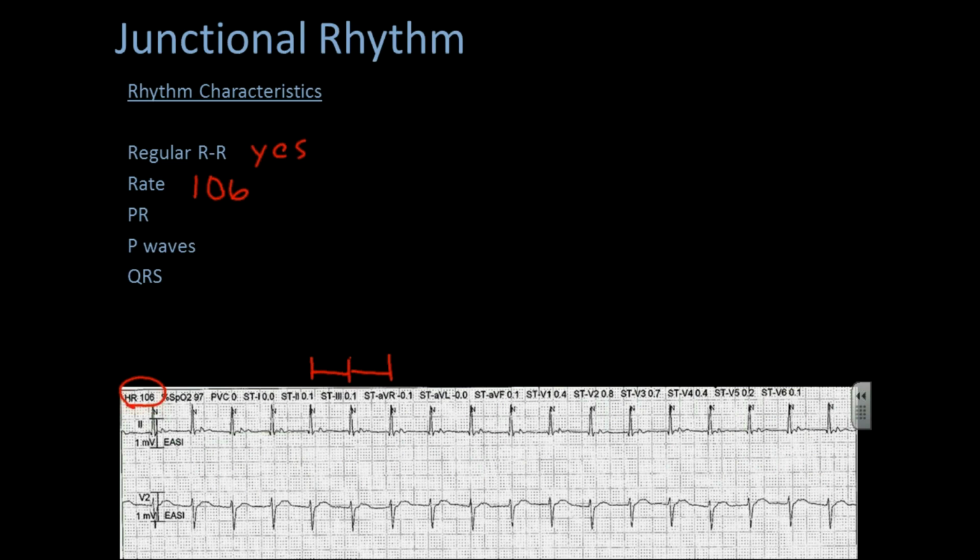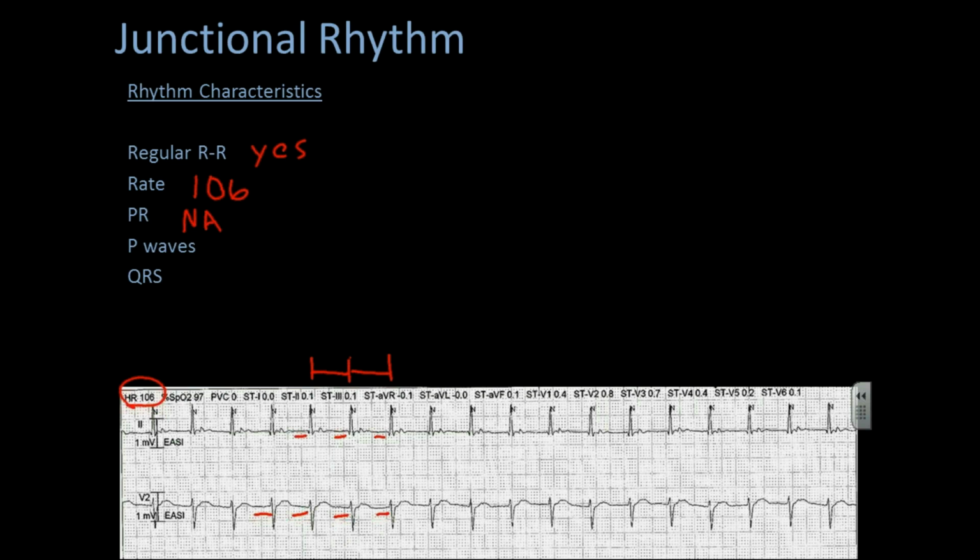PR, do we have a PR? Well, I don't see the obvious P waves in here or up here. That's NA. P waves. All right, take a look and see where you think the P waves are.